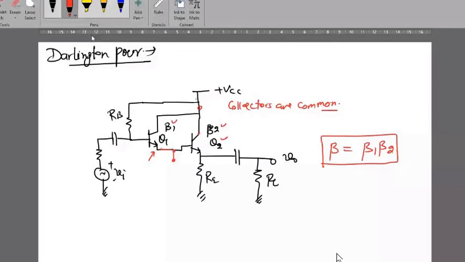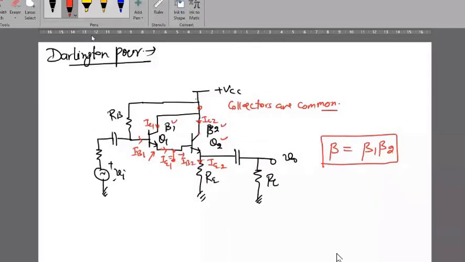Because you see here, if this is IE2 and this current is IE1, this current is IC1, this current is IC2, this current is IB1. So IE1 equals IB1 plus IC1, and this IB2 will be equal to IE1.